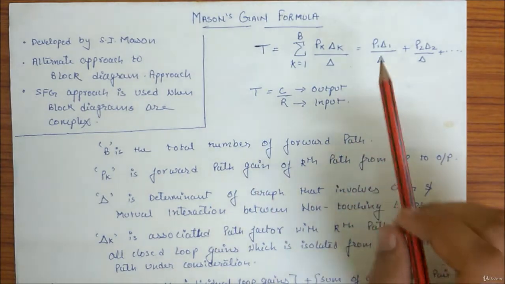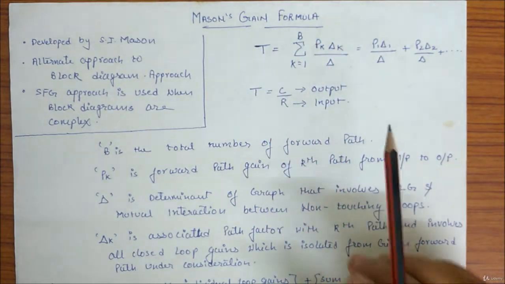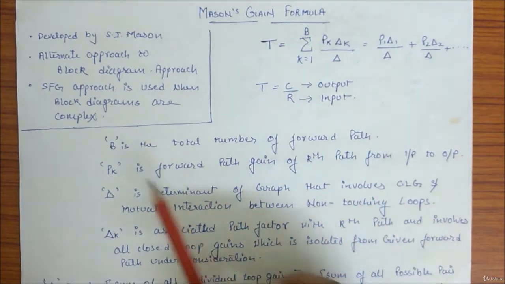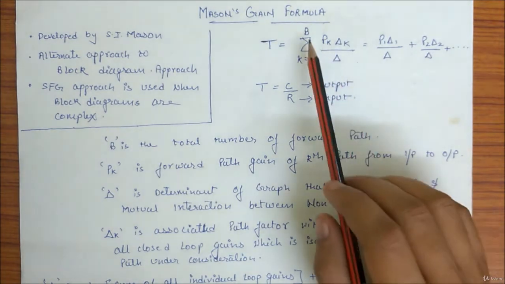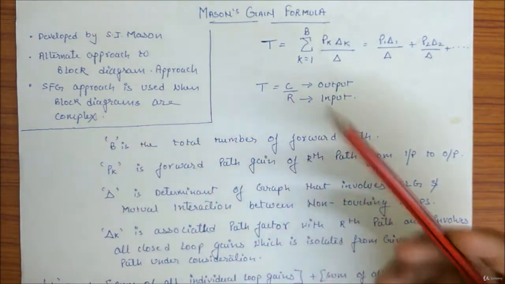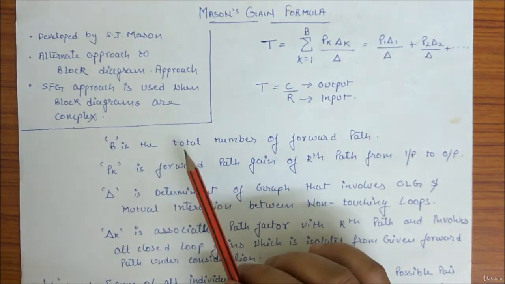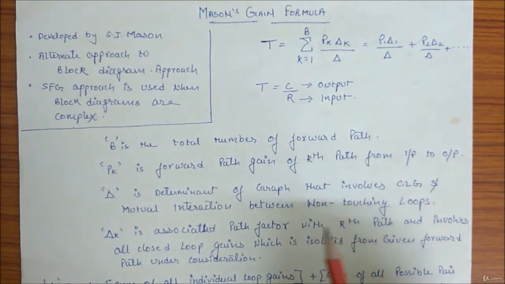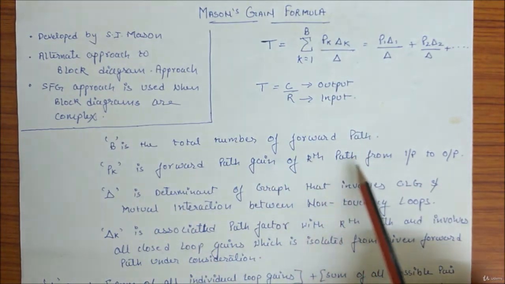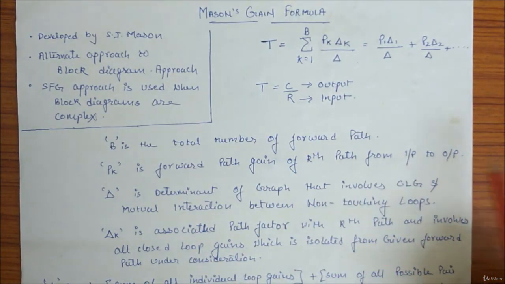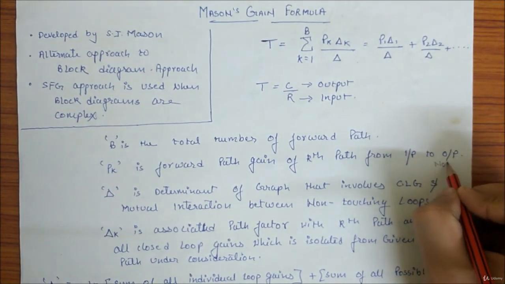Now I'll explain each and every term in this equation. B is the total number of forward paths. Pk is the forward path gain of the kth path from input node to output node.